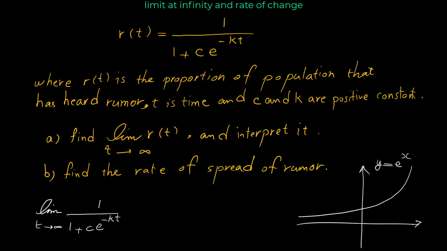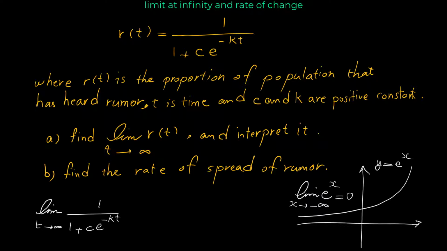So from the graph, we can see that the limit of e to the x when x approaches negative infinity is 0. When the exponent of the exponential function goes to negative infinity, the limit of the exponential function is 0.